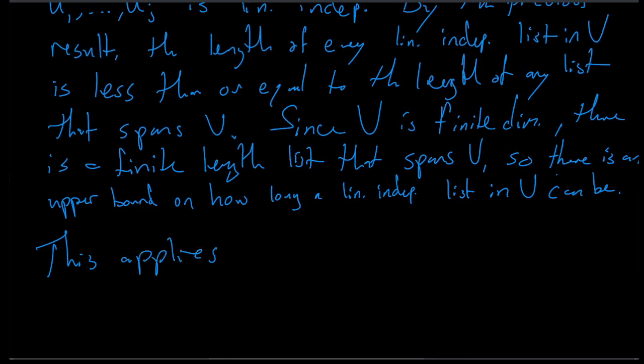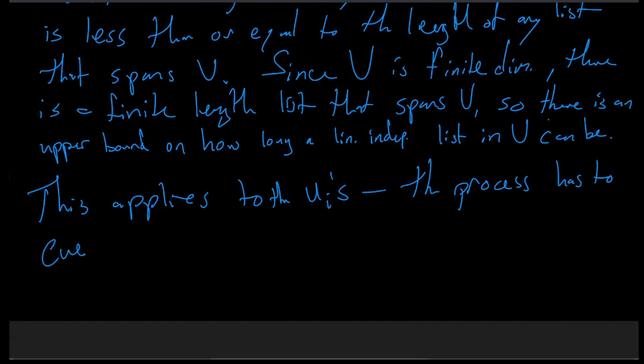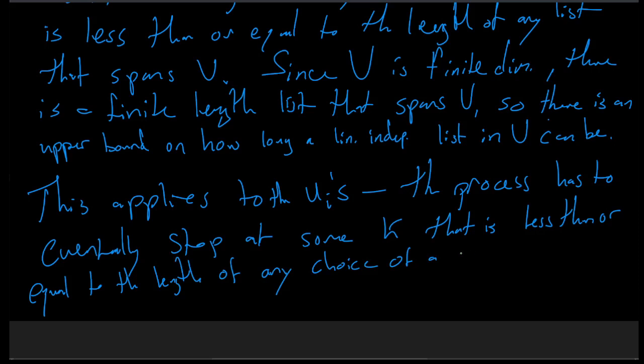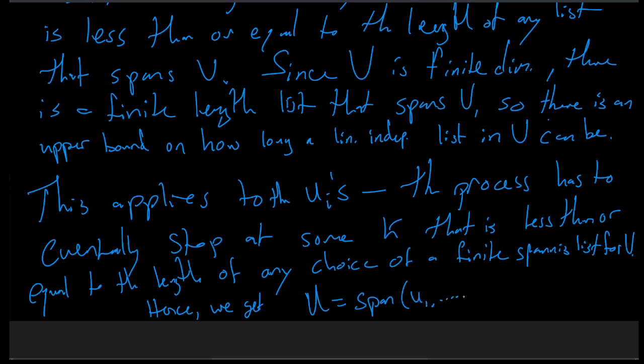This applies to the u i's. The process has to eventually stop at some k that is less than or equal to the length of any choice of a finite spanning list for V. Hence, we get that U is equal to the span of u1 up through uk, and U is finite dimensional.